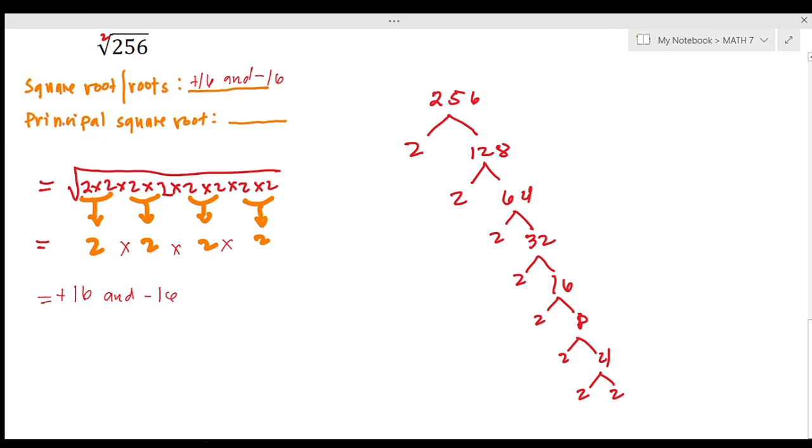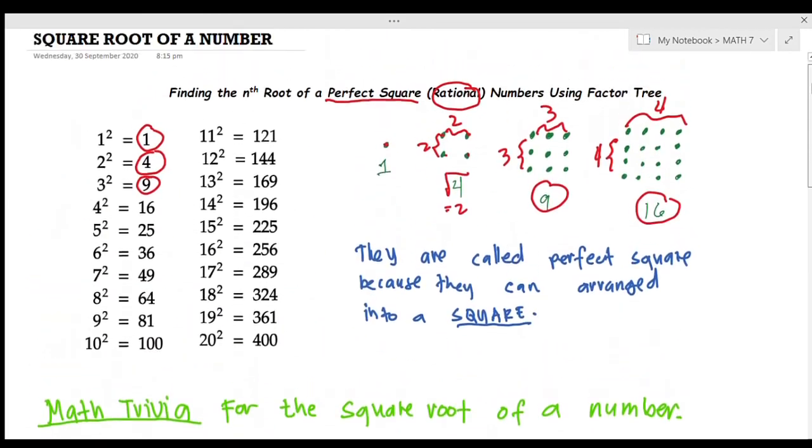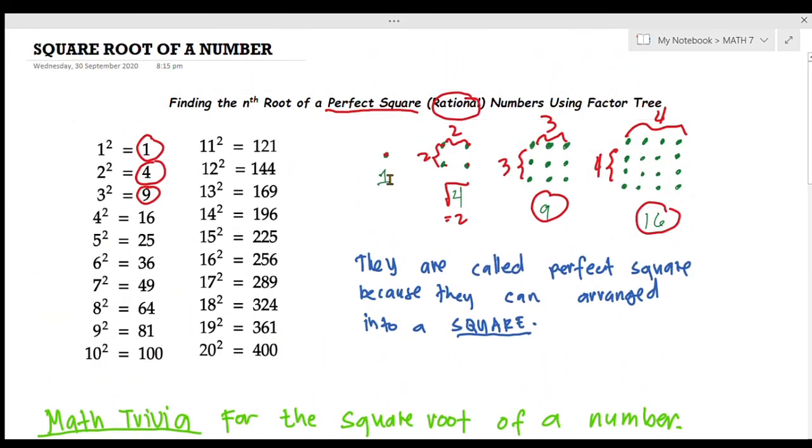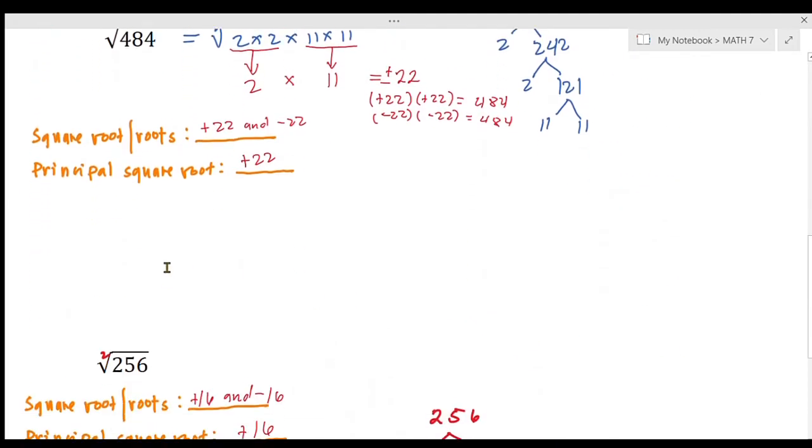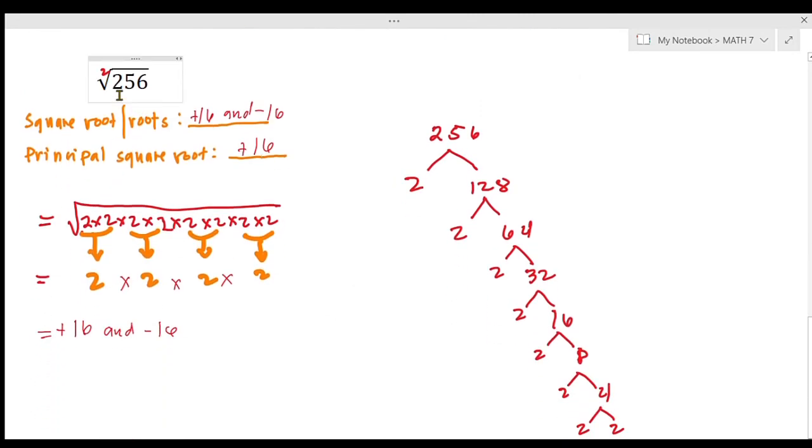But if we are going to find only the principal square root, kukunin lang natin yung positive result. So the result is positive 16 only. So that is how to find the root of a perfect square. Meaning to say, 256 is a perfect square because the result is a whole number.